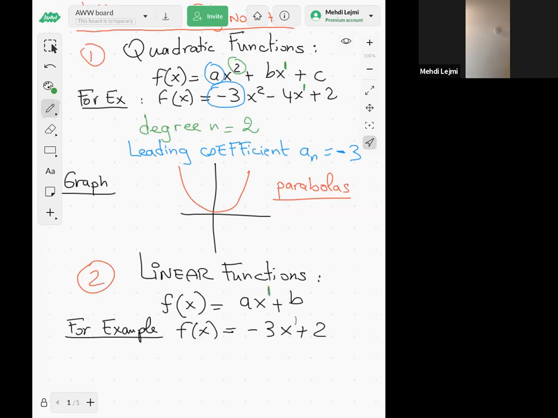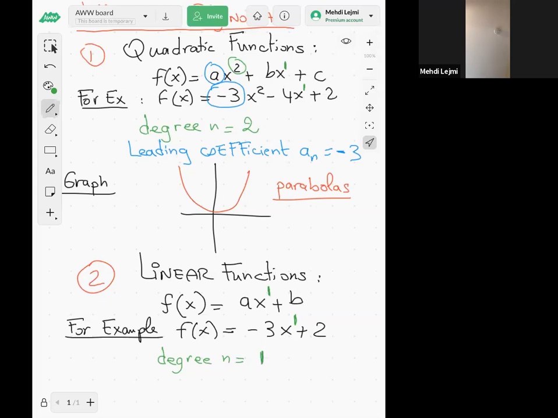It's a polynomial because obviously all the powers here are positive whole numbers. So the degree n here is 1.